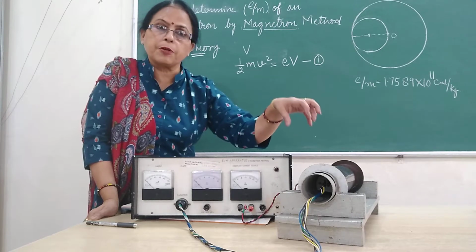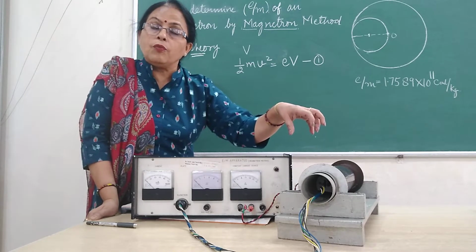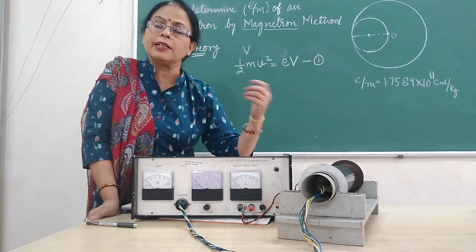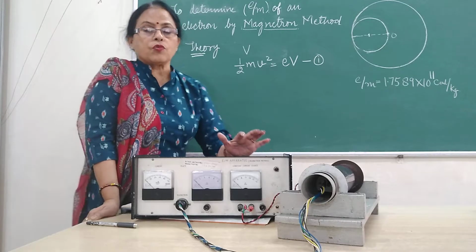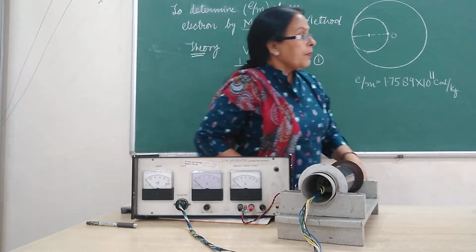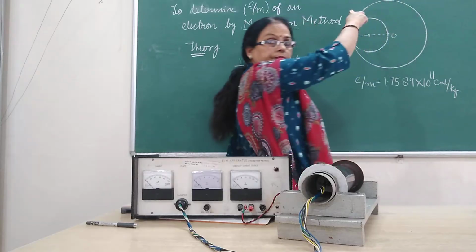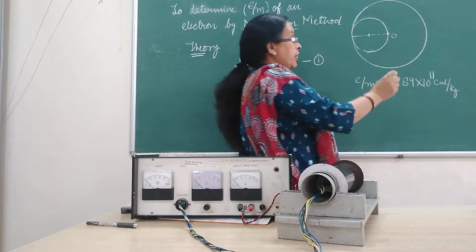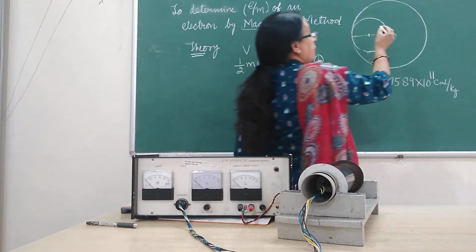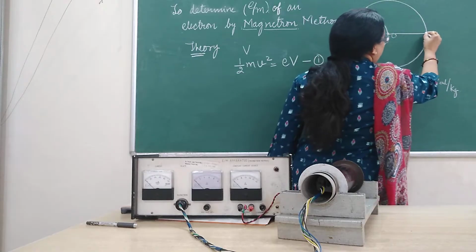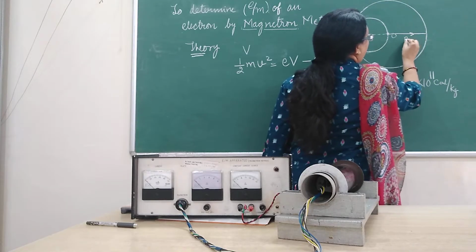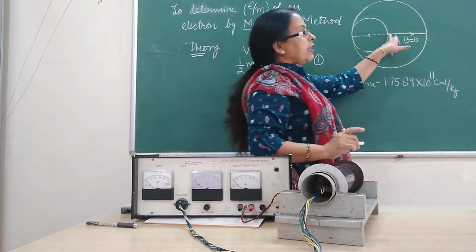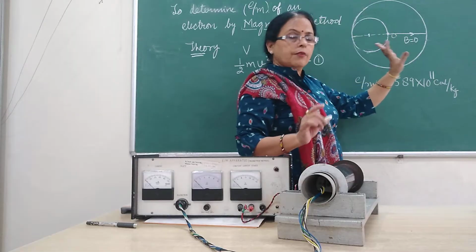That perpendicular magnetic field will not change the velocity of the electrons, but it will modify their trajectory. Suppose this is the anode, and this is the place where the cathode is kept. In the absence of any magnetic field, when B is equal to 0, these electrons move radially outwards in this direction.